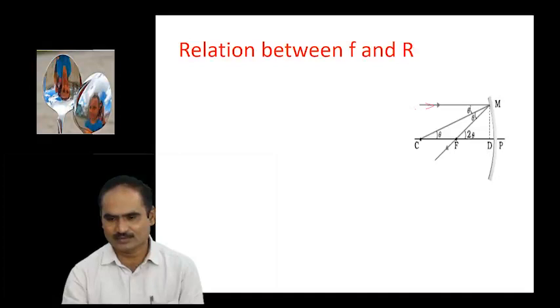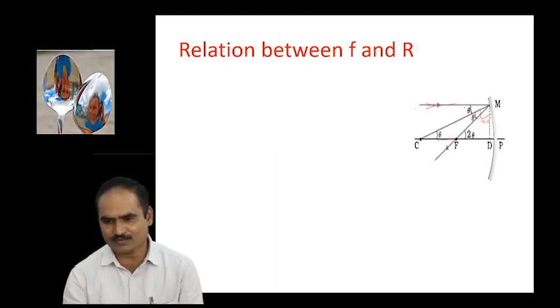And one more line we draw from C to M. This is the angle of incidence you can consider, because the angle between the surface and the radius of curvature is 90 degrees. If this is theta, obviously this must be theta, right? And you see that this line and the principal axis, these two are parallel.